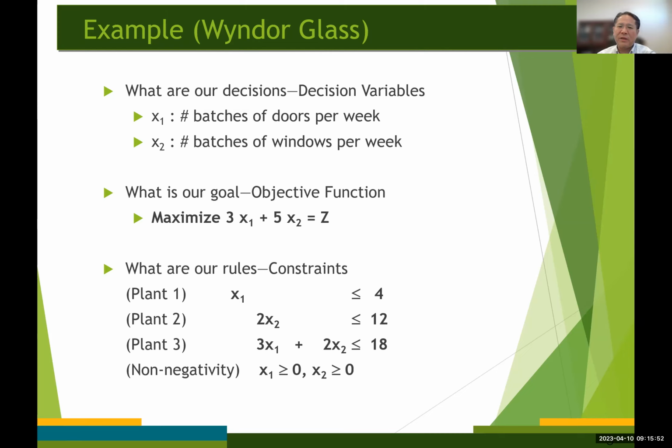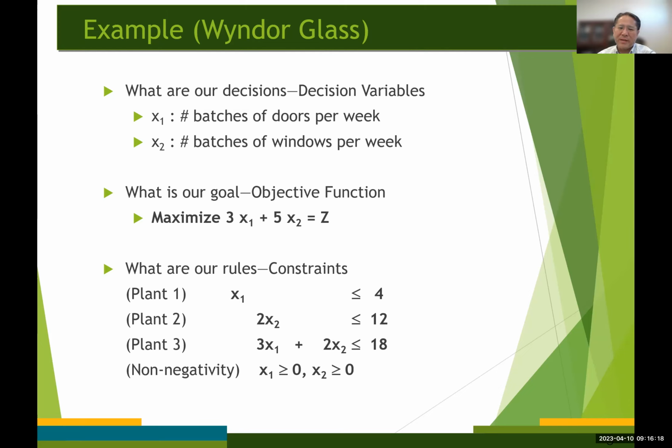Each stands for the number of batches of doors and windows produced per week, right? Our goal is to maximize the weekly profit from producing these two products. In this LP model, we considered a resource constraint for each plant, right?